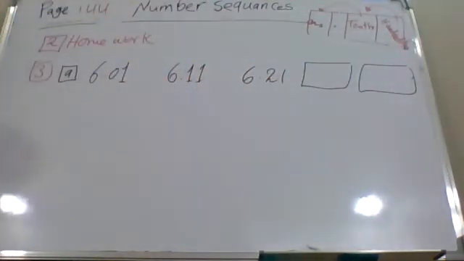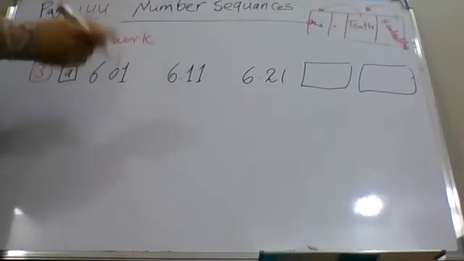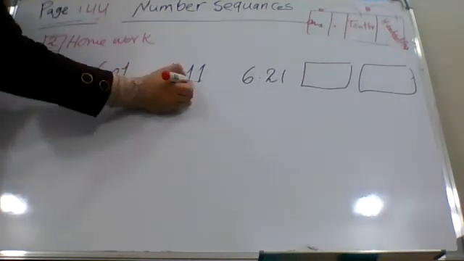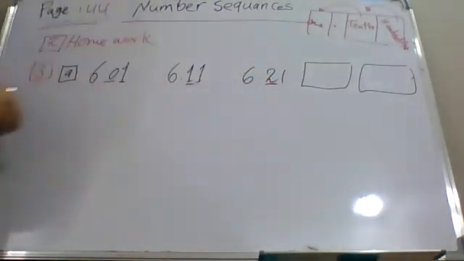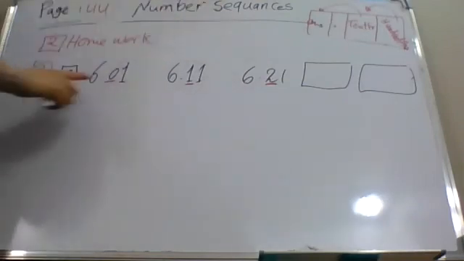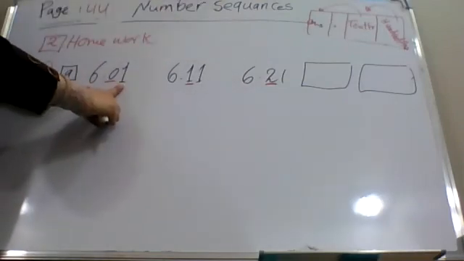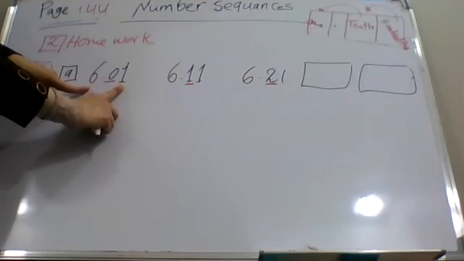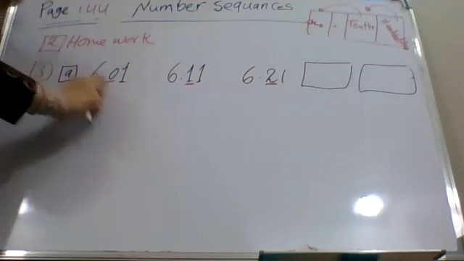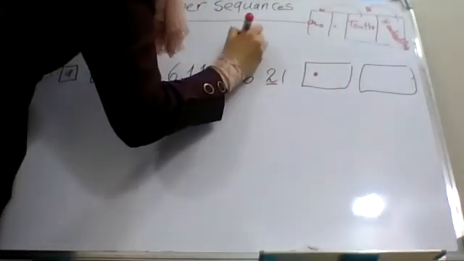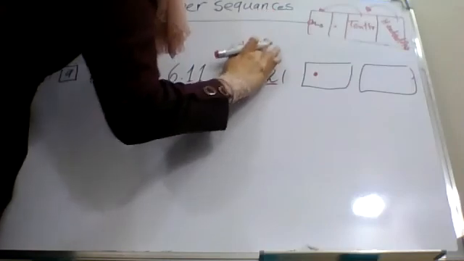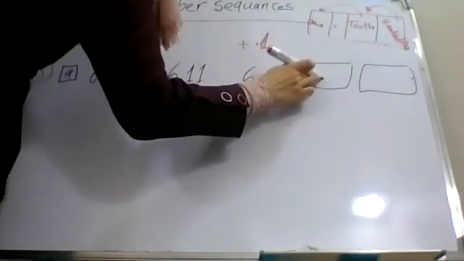My steps or my advice was to write a line under the changing place. I always ask you, what is the changing place? It's the 10th place. Each time we are adding what? As you see here, the 100th, no change. The 1st place, no change. So the change is on the 10th place. So we are adding 0.1 each time, okay?